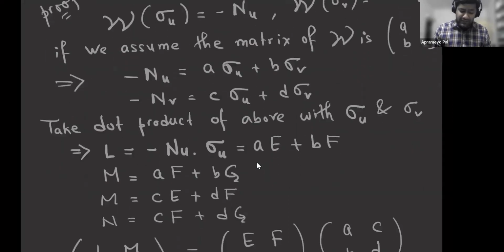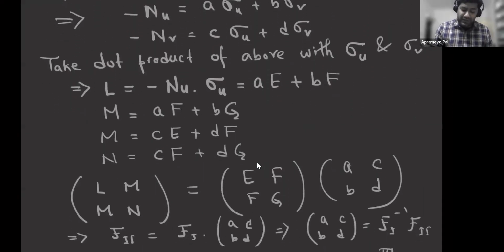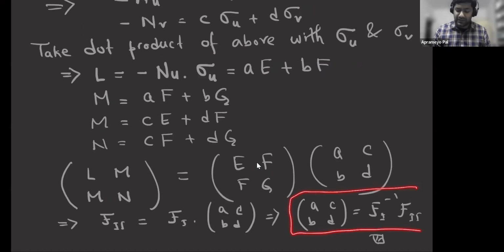Since the first and second fundamental forms are defined by the tangent vectors, either dot product or double dot, you just use those relations to get relations. And luckily this gives us a very nice relation that the matrix is given by FI inverse F double I.